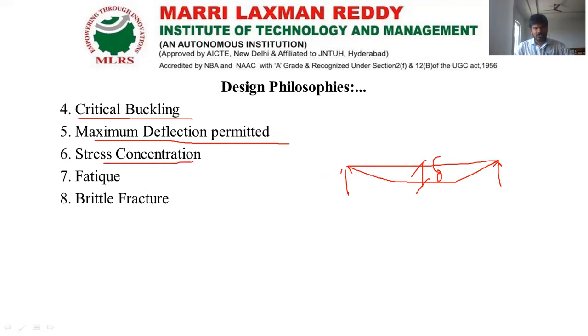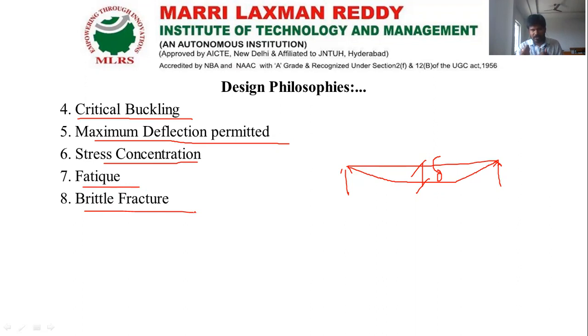Then stress concentration, fatigue, and brittle failure. Always the metal has to fail under elastic nature, not under brittle nature. Since brittle nature means it can fail suddenly, the collapse can happen at any time. But if it is elastic failure, there may be some reasonable visibility of failure on the surface of the element.